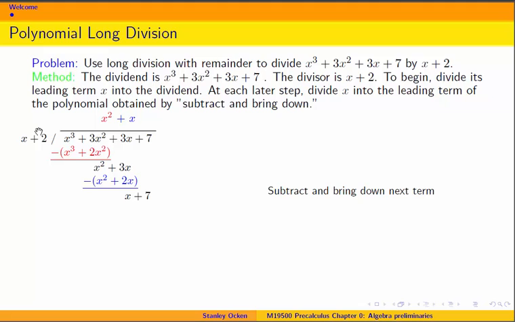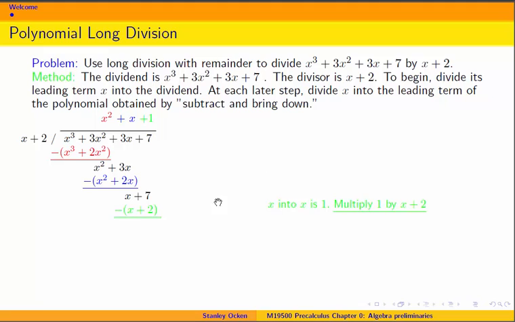What we have done so far is to really say that x plus 2 into this original dividend is this quotient, but there's a remainder of x plus 7, and we will always try to get rid of the remainder. So x plus 2 into x plus 7, leading term x into leading term x, goes once.